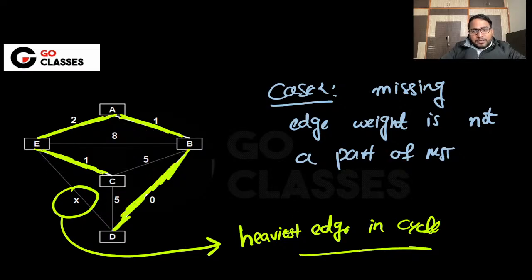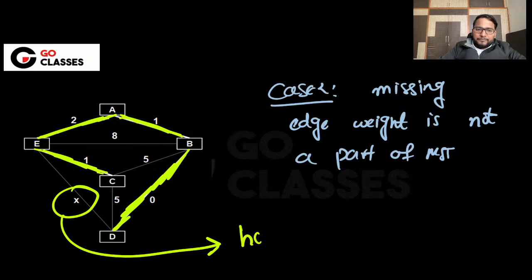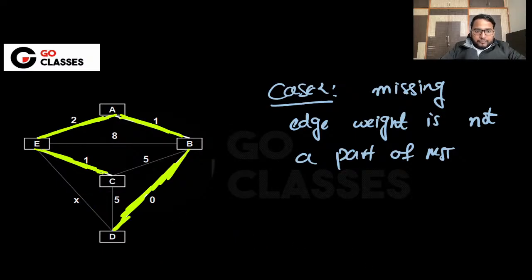So can you tell me what should be the value of X? It should be the heaviest edge in that cycle. So what should be the value of X? Just try to solve this question and let me know what values of X you can write here.